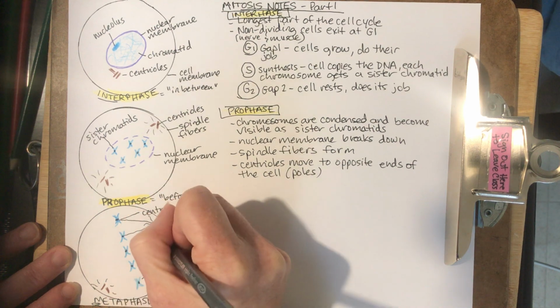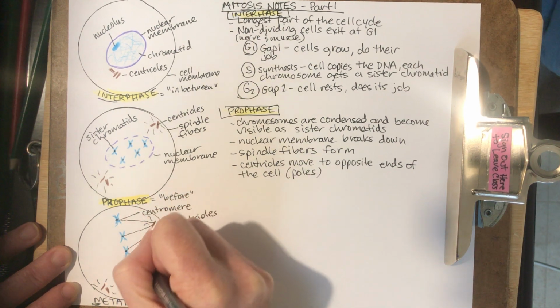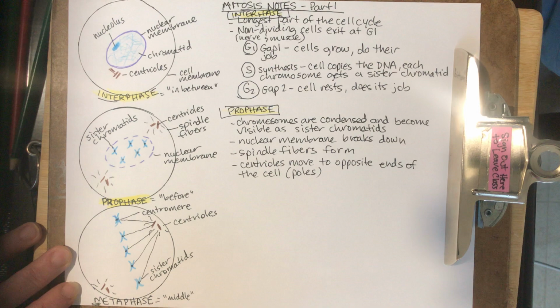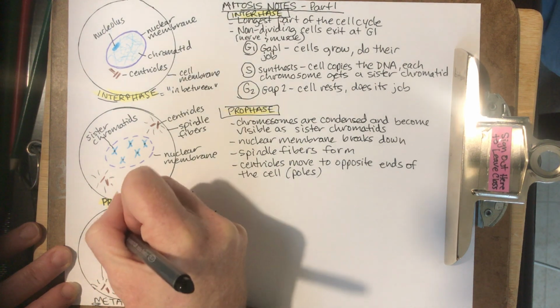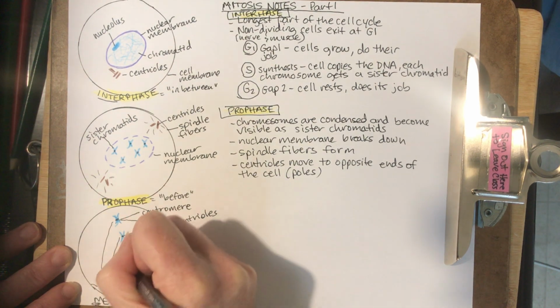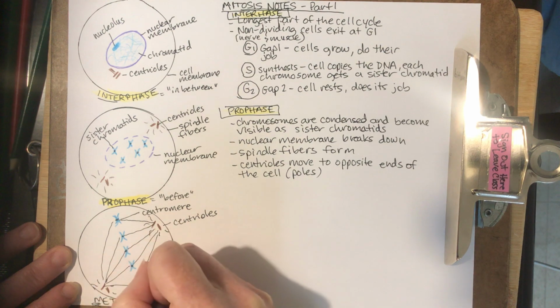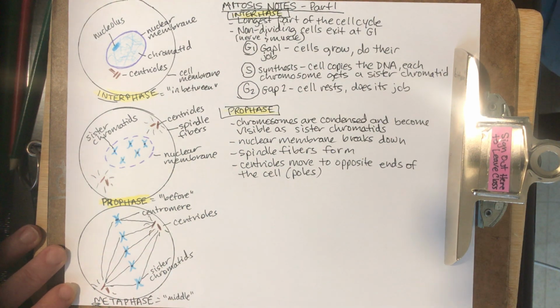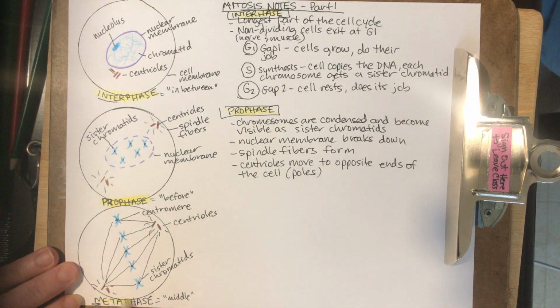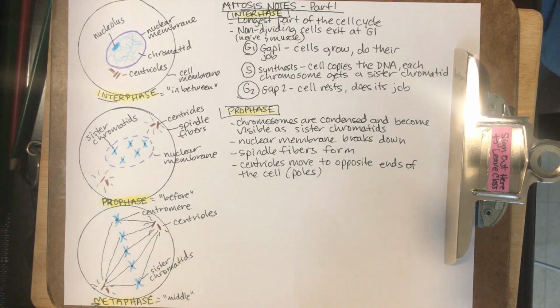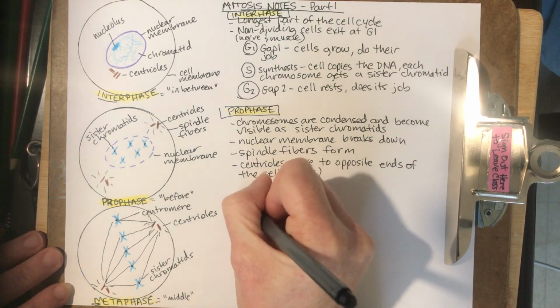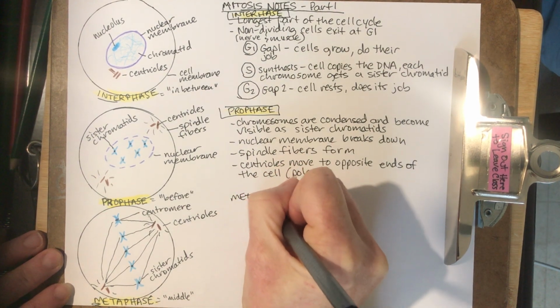So shoop, shoop, shoop, shoop, just like that. And same thing over here. Isn't that cool looking? All right, there we go. Metaphase. So who's lined up in the middle? It's the sister chromatids.